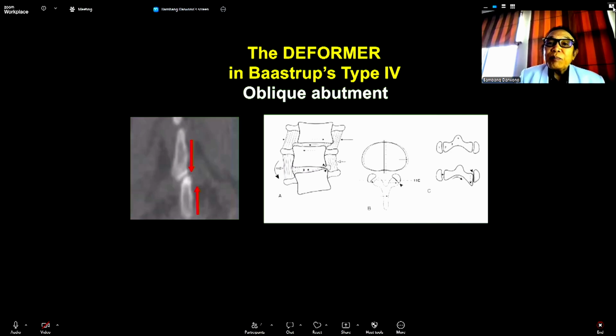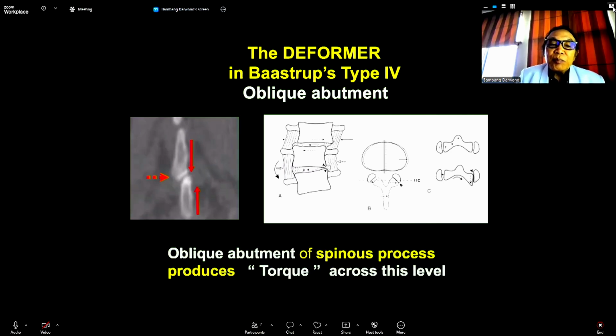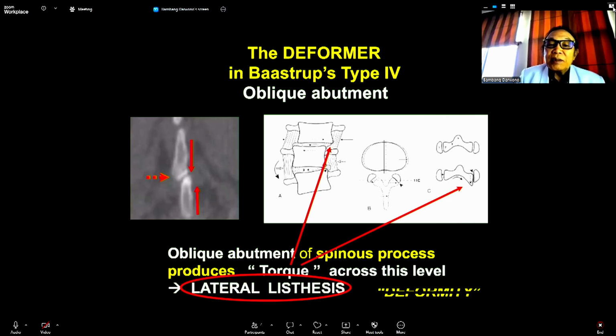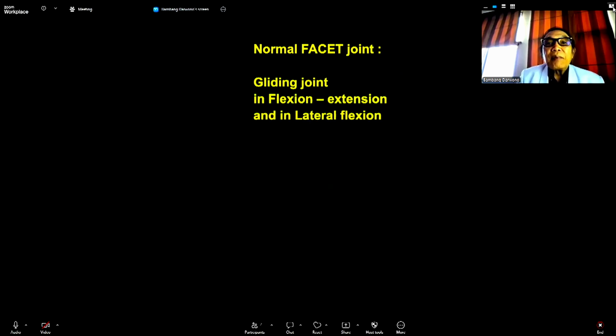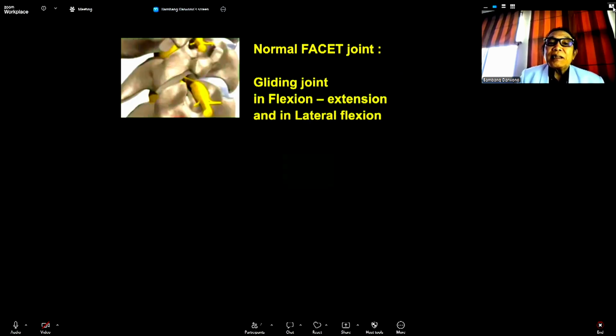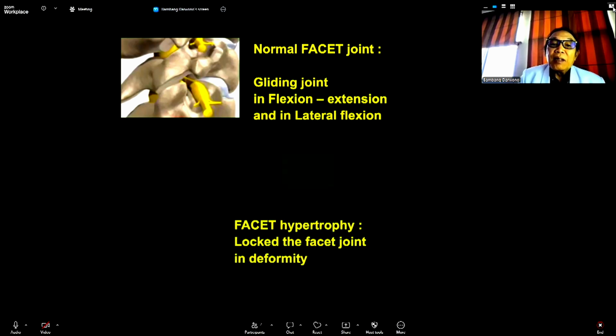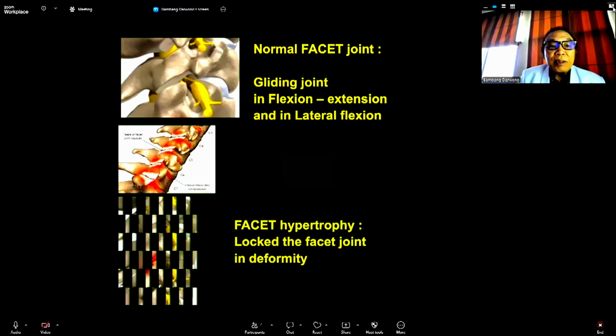Deformer in Baastrup type 4, oblique abutment, creates a spinous process abutment across the spinous disc level and also leads to lateral disc disease and deformity. The normal facet joint is a gliding joint in flexion, extension, and lateral flexion. What happened in facet hypertrophy? It locks the facet joint in deformity.